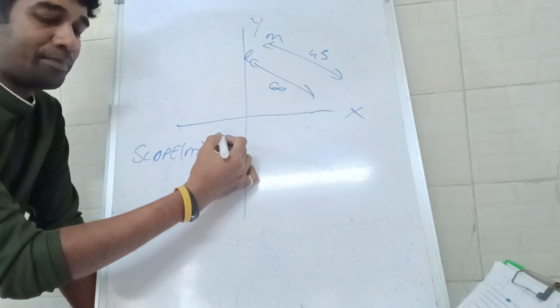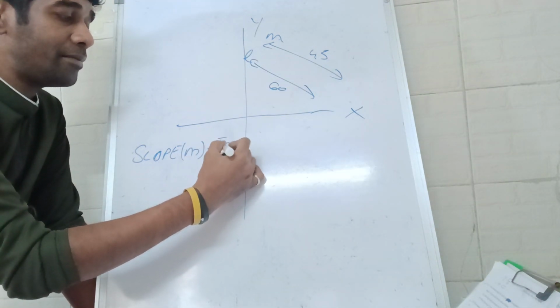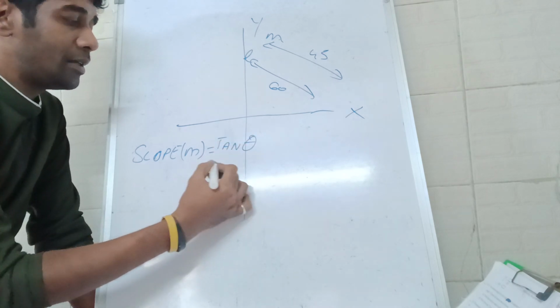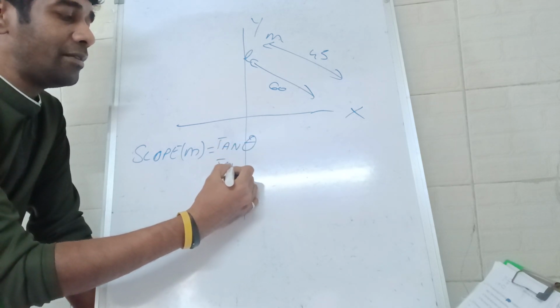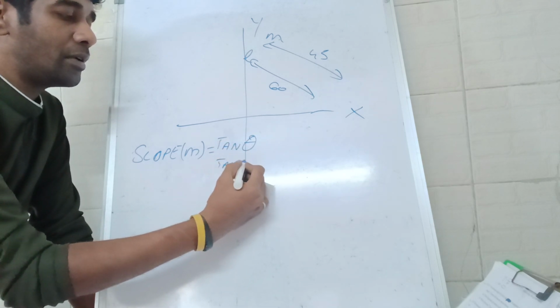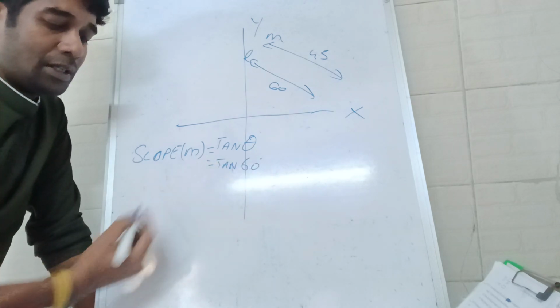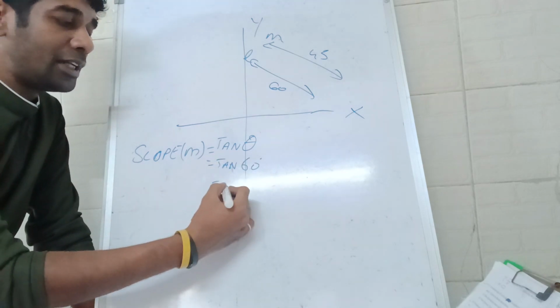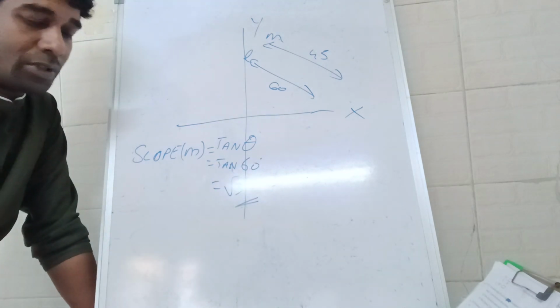Slope is represented as m. Slope of the line is tan theta, which is equal to tan 60 degrees. Tan 60 in the table is root 3. So slope is root 3.